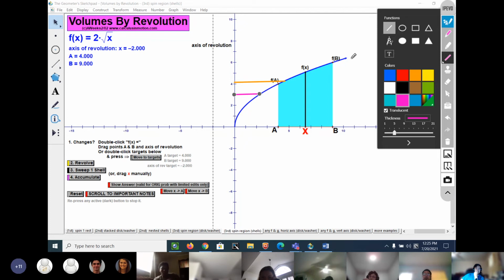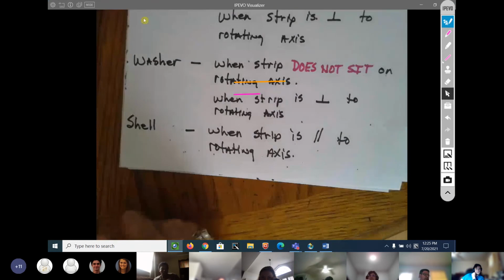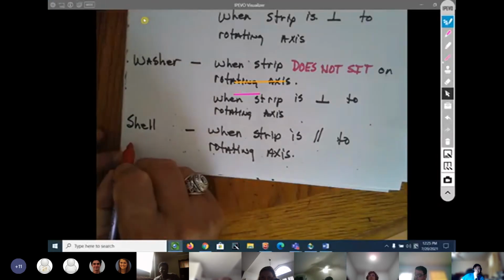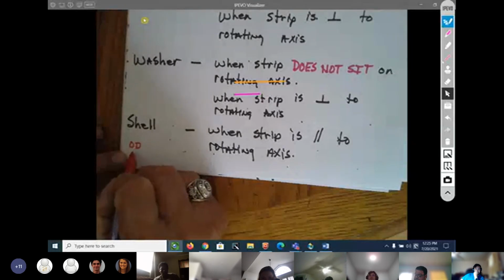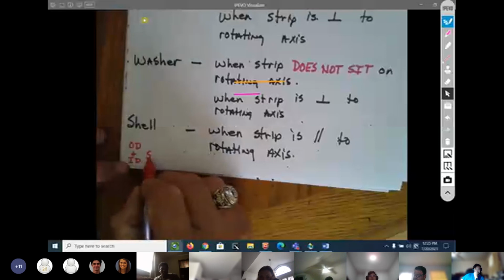But it's the same function. So also on your sheet down here, and you could do this in red, outside diameter and inside diameter are the same function.